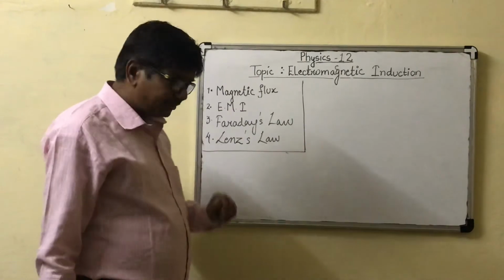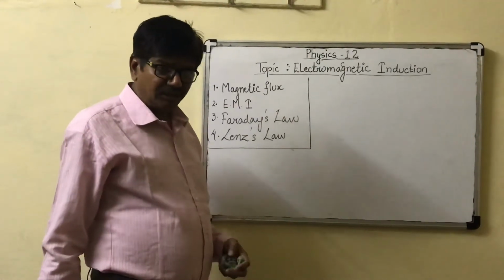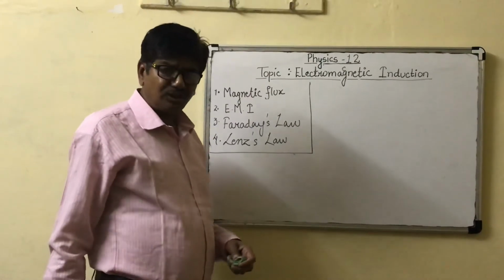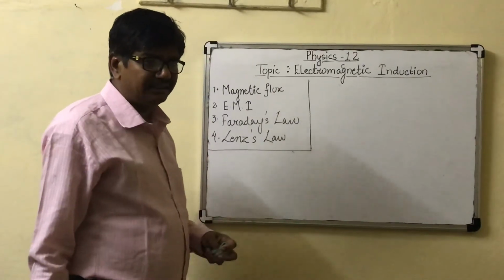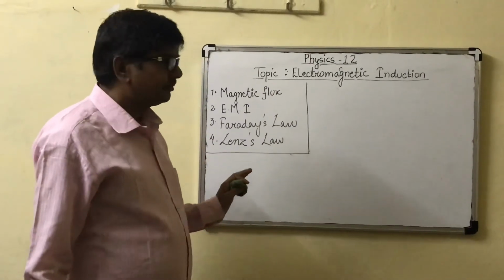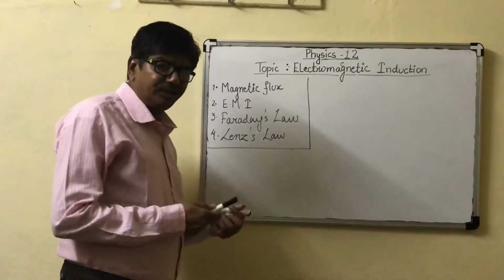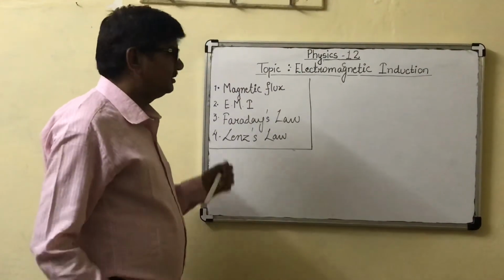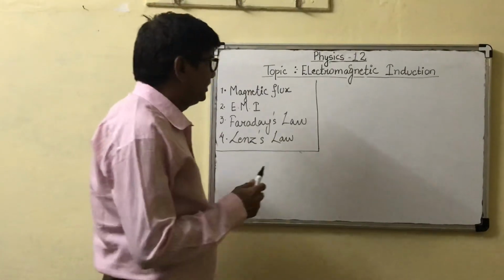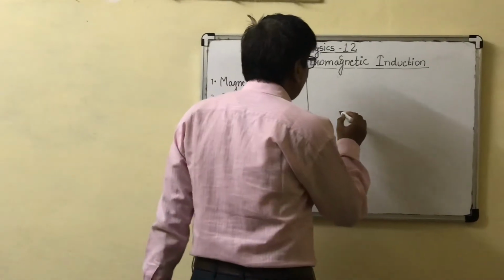So the statement of Lenz's law is: the direction of induced current or induced EMF is such that it opposes the cause that produces it. This is called Lenz's law.